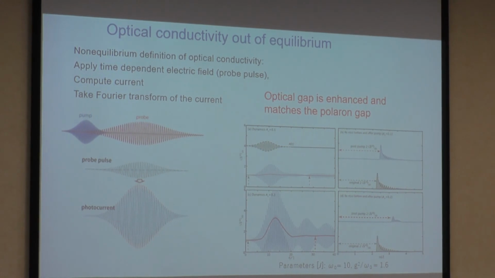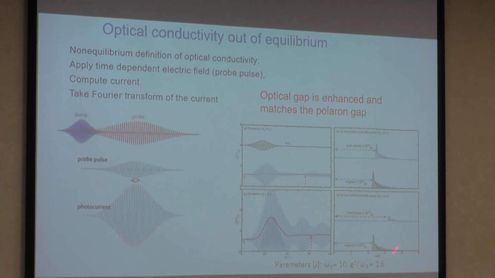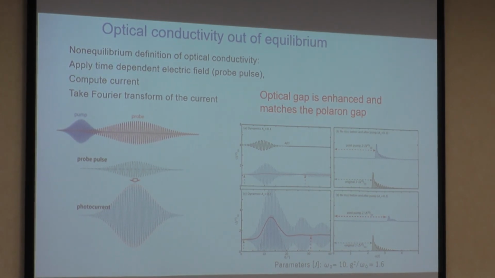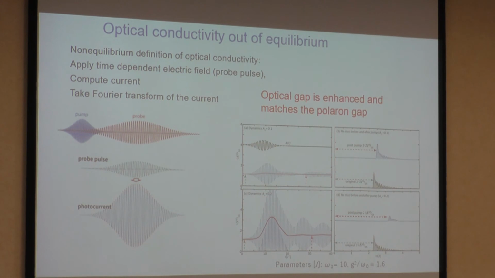In this case, we start with some equilibrium value of the quasi-particle gap. Then we apply a drive, and we see that the quasi-particle gap increases, which indicates enhancement of superconductivity.